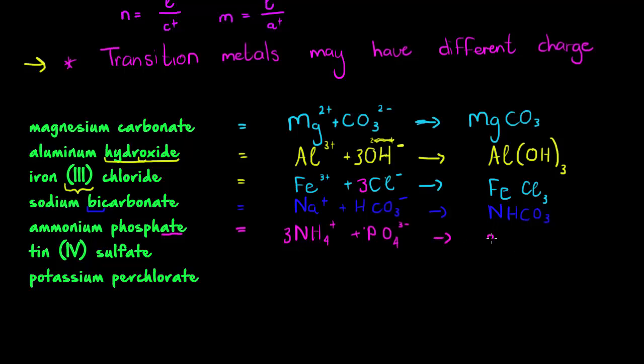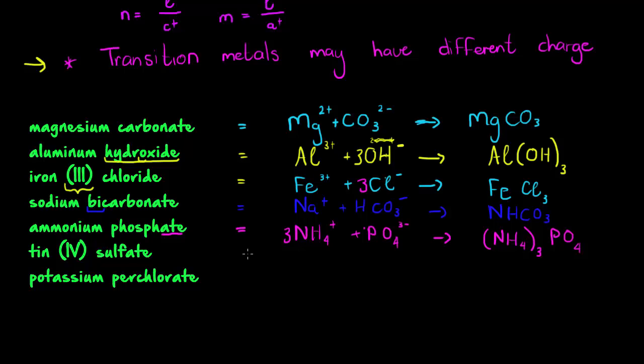Sorry, I don't write it like that. It is ammonium in brackets, since we need to show that the whole ammonium polyatomic ion must get 3 as a subscript, and phosphate like that. Excellent. We only need one of them because he has the one with the excess charges.